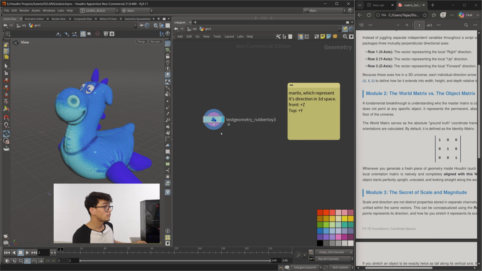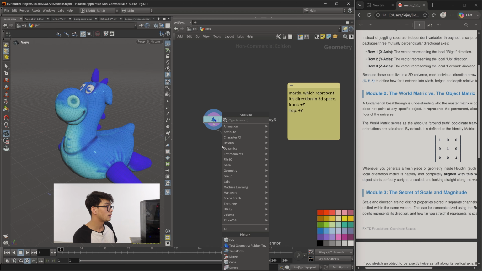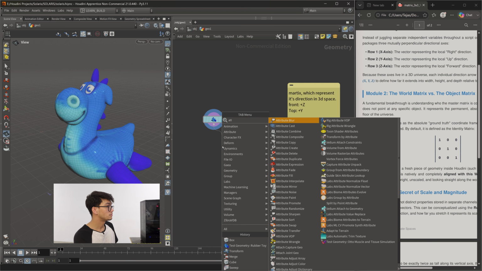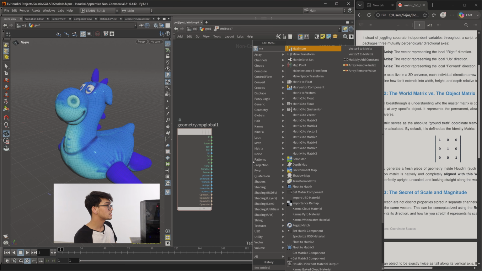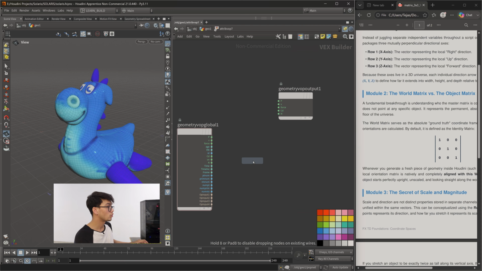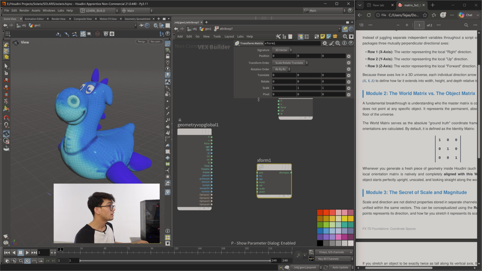And when we have this attribute wrap, and when you go inside, you have this matrix transform node. You look at this, we have its translate, rotate, scale, and pivot.